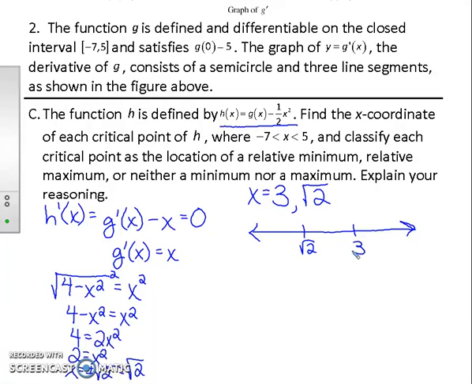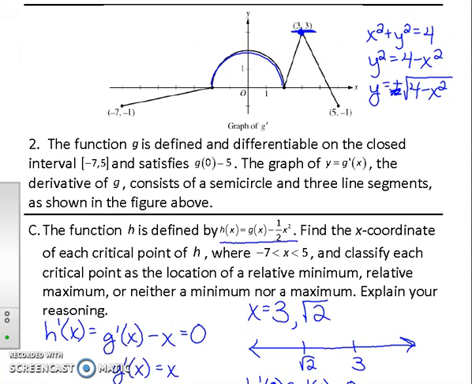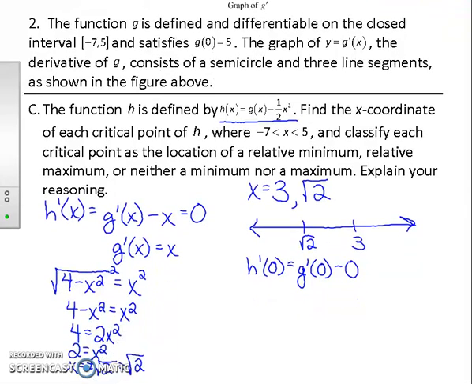So for this left one over here, I would maybe do h prime of 0. So that would be g prime of 0 minus 0. To find the value for these g primes, you just go up to the graph and you look at the y coordinate. So when x is 0, the y coordinate is 2. So we get 2 minus 0 is 2, which is a positive value.